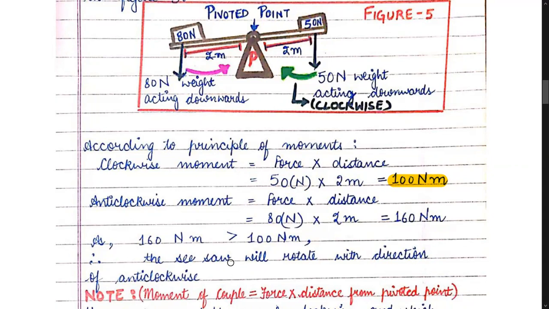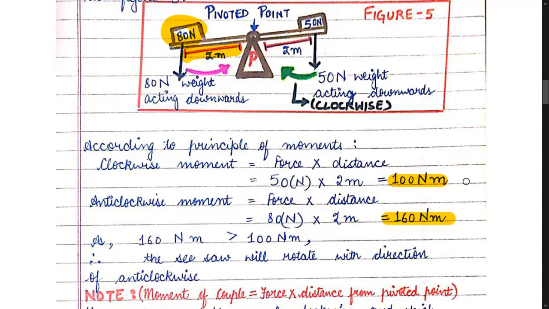While the anti-clockwise moment is given by 80 newton at a distance of 2 meter from the pivoted point, which comes out to be 160 newton meter.